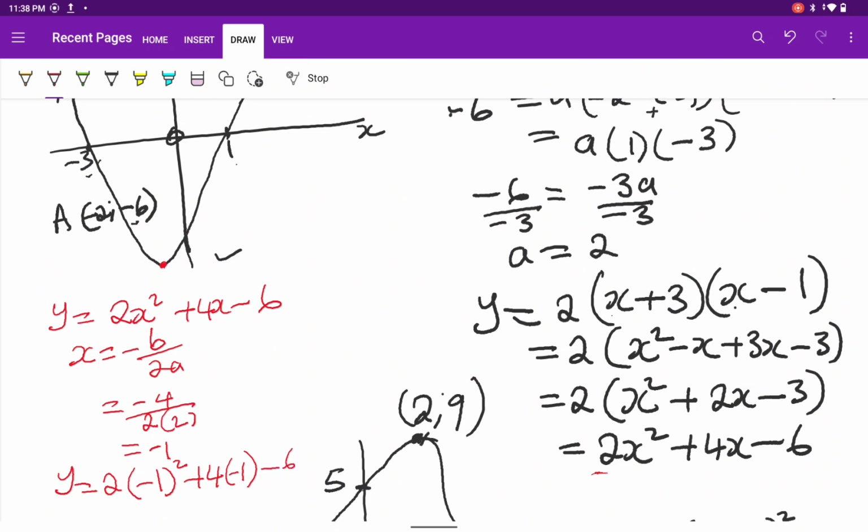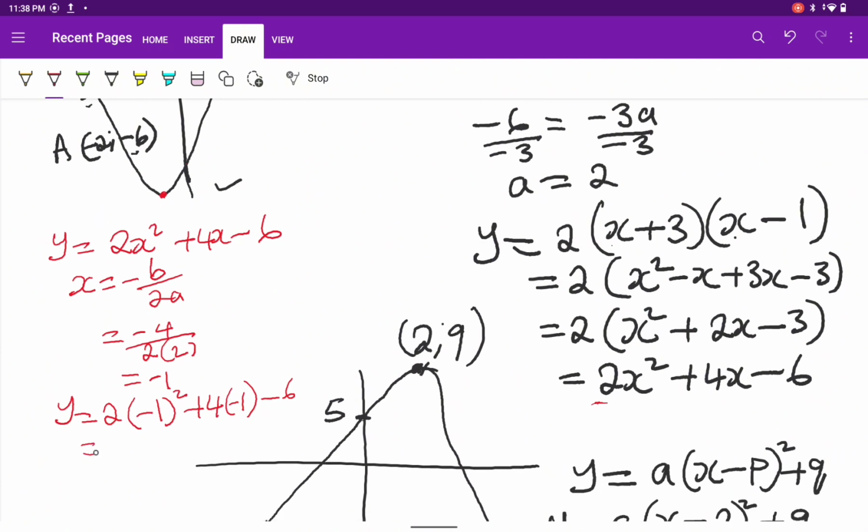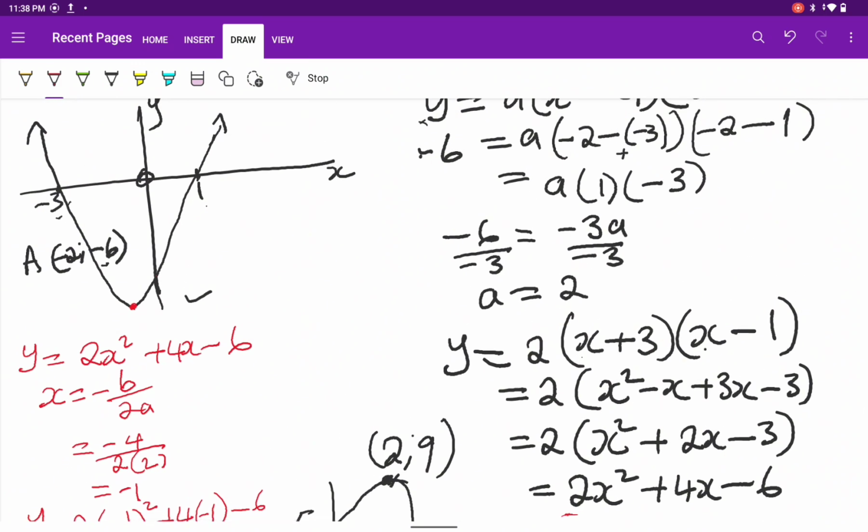We can take our calculator, work this out, and we see that it is -8. So if we want the range of this graph, we simply say y is greater than or equal to -8. We said it is the y coordinate of the turning point.